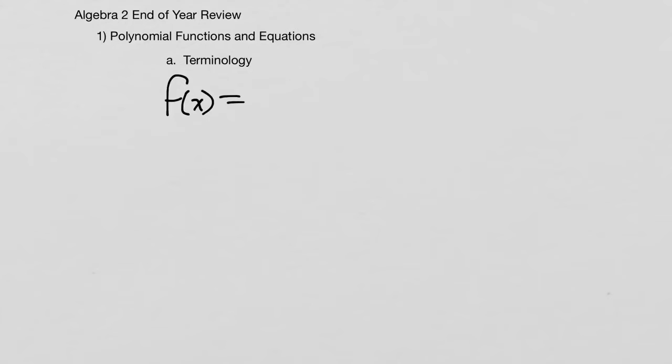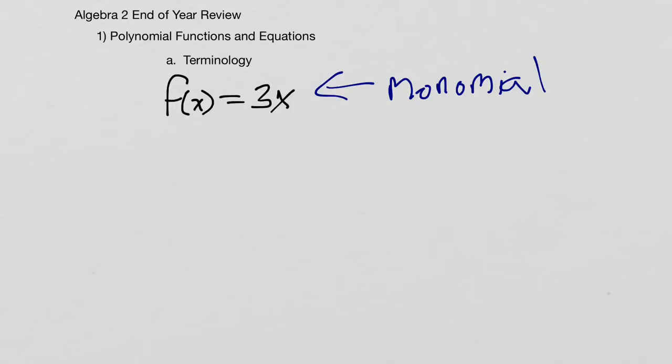So if you had something like f of x equals 3x, we call that a monomial. And we're going to see this pattern where the nomial part is going to be part of the terminology for these things.